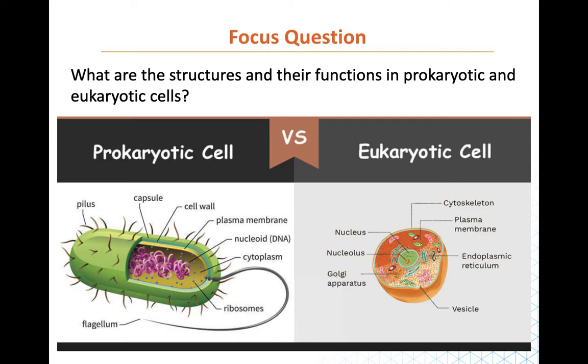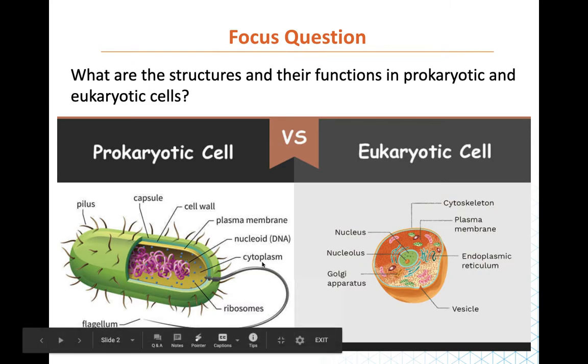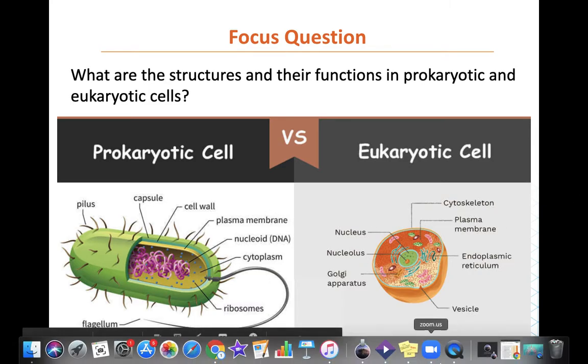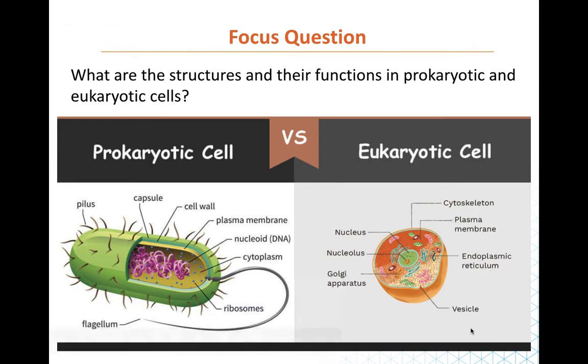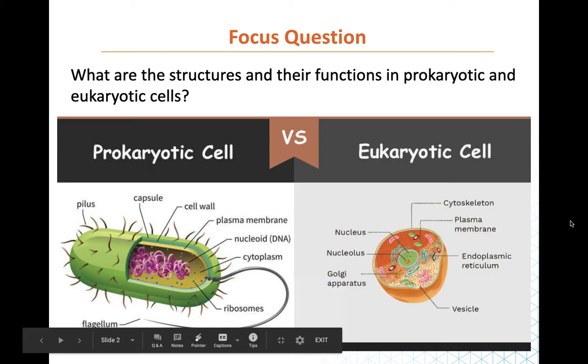So you guys remember, I think in lesson 7.1, we described the difference between prokaryotic and eukaryotic cells. You know that prokaryotic cells are cells that are unicellular, they're like bacteria, they're very small, and they're very simple. Eukaryotic cells, on the other hand, are usually a lot larger.